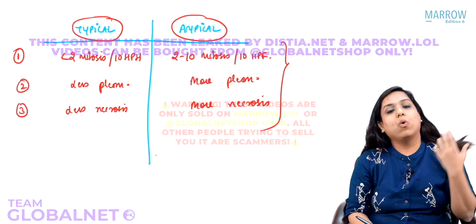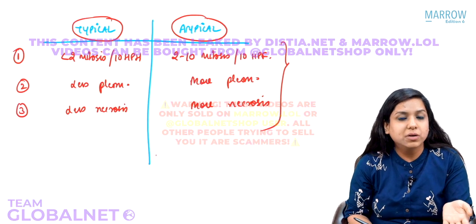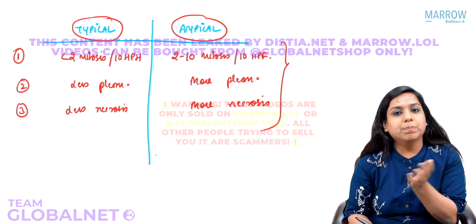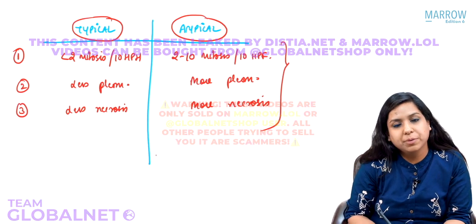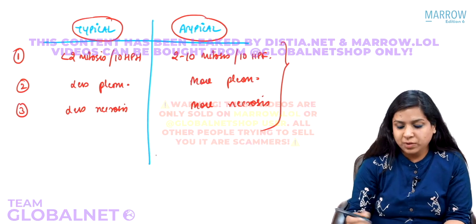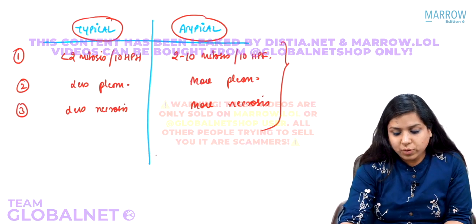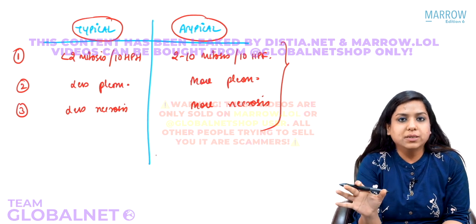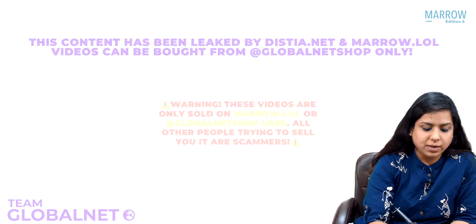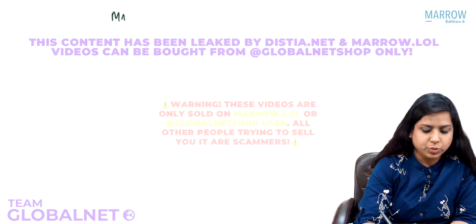Why will you want to report an atypical carcinoid? Because the prognosis of typical carcinoid is better as compared to atypical carcinoid, correct? So these are the pictures I've already told you, correct? With this, students, I'm coming to the last kind of lung tumor, and that is called malignant mesothelioma.